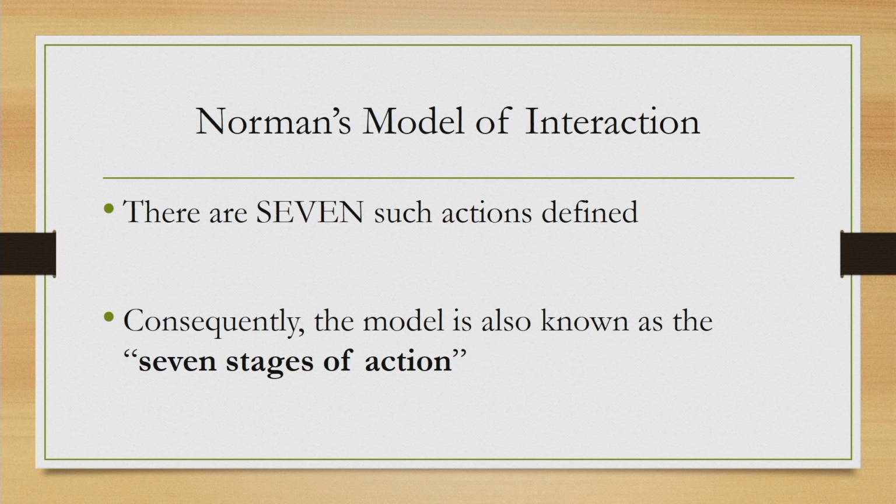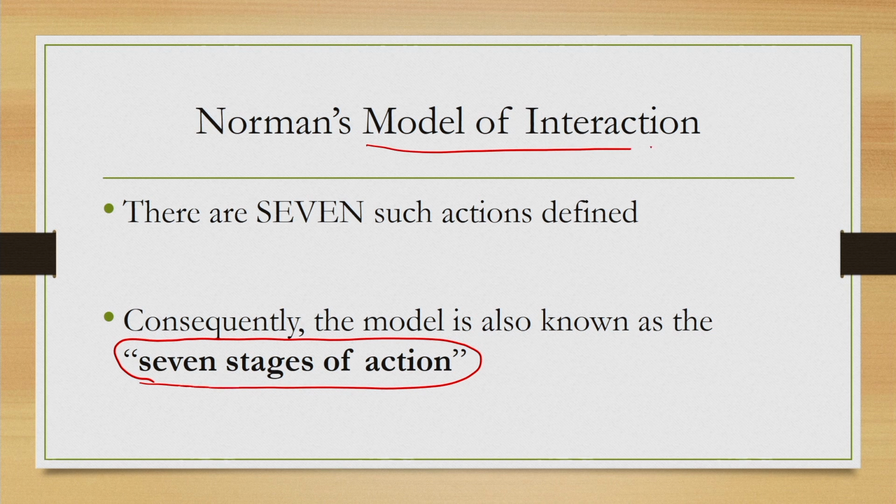Now, according to this model, the model of Norman, there are 7 such actions. Accordingly, sometimes this model is also known as the 7 stages of action. So, we can use both the terms, either Norman's model of interaction or 7 stages of action. Both are used.